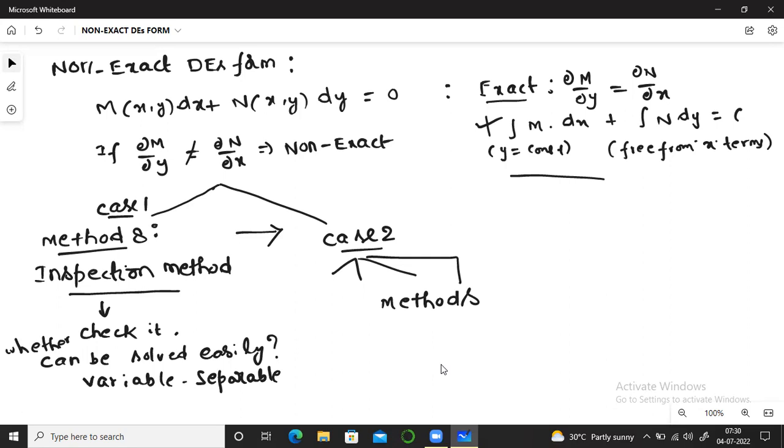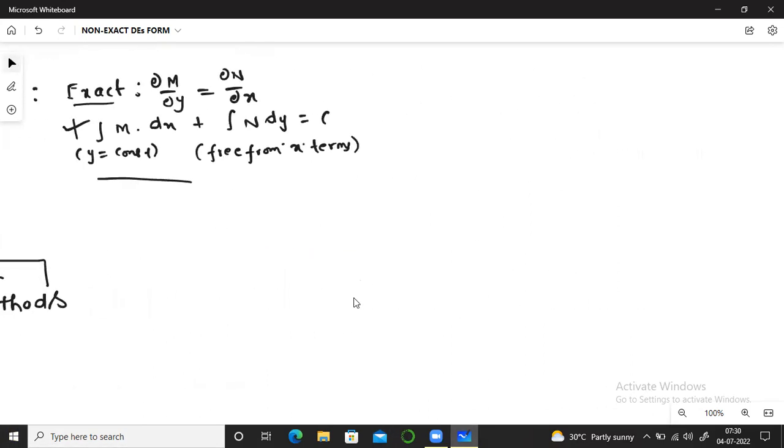Now what we are going to see is the inspection method. So we have seen method 8.